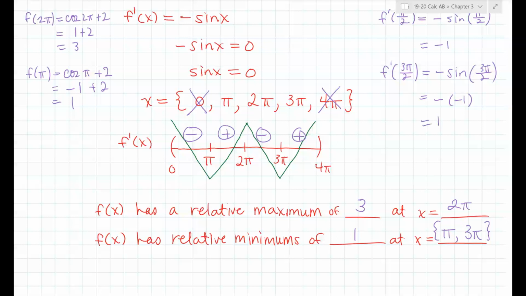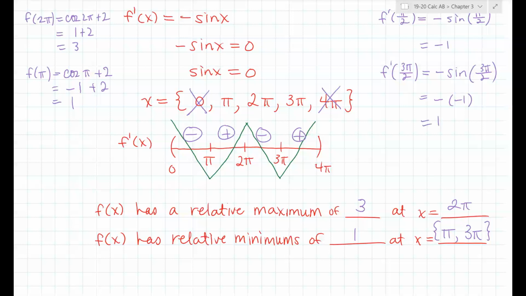So it's never going to go any higher than 3 and it's never going to go any lower than 1. So since the highest point of 3 only occurs one time, I just list it as 1 point. But since the minimum actually occurs twice, I can list them both under the same height. So that's why I did it. If they had different heights, then I would have listed it as 2 different relative minimums. But these are the same.